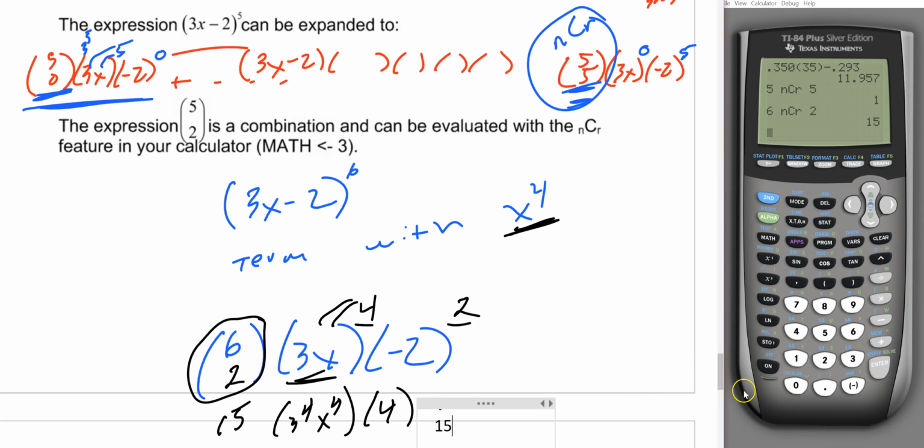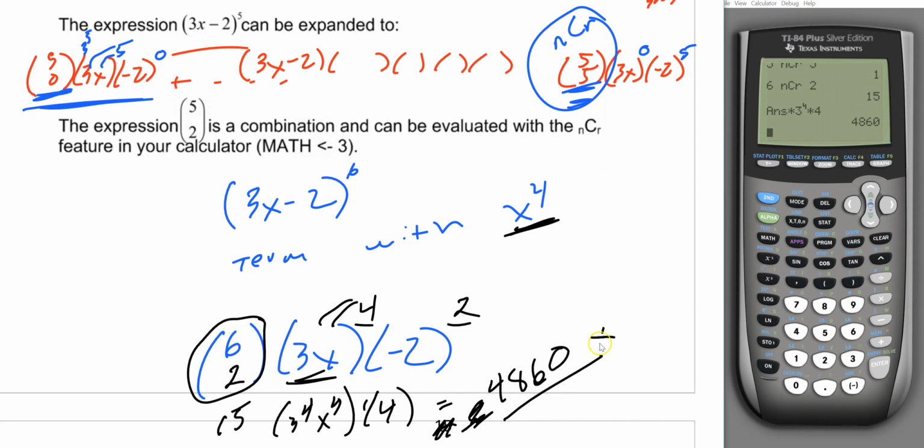So like 15 times 3 to the 4th times 4. And I get 4860. So this becomes 4860. That's a coefficient of x to the 4th. Now that's a coefficient. They say term, so I wrote the whole thing. If they say coefficient, they expect this.